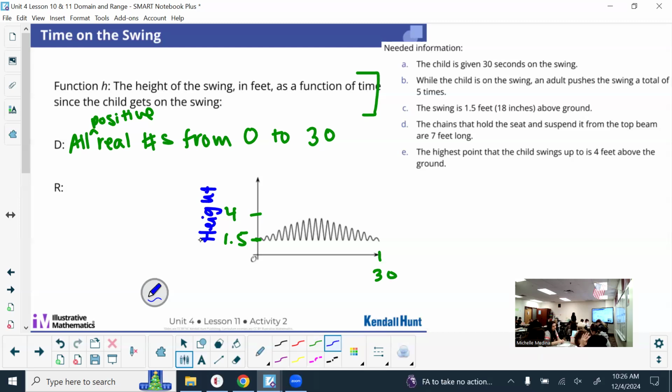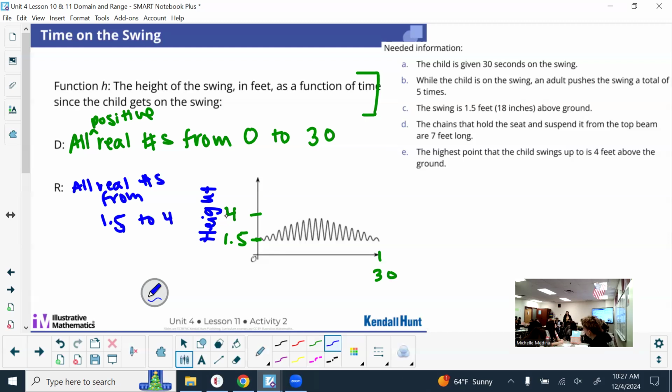So for this height, this range, you could say all real numbers from 1.5 to 4 in this case. It is not starting at 0 for this one. It's not going above the 4, so you want to say just all real numbers.